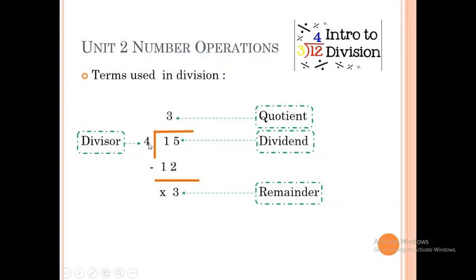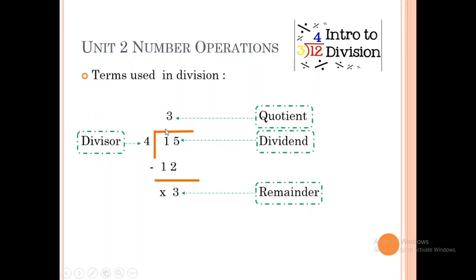So all these 4 things have a separate name or term used in division. This 4 is called divisor. Divisor is the number that divides another number. 15 is dividend. Dividend is the number which is to be divided by a divisor.